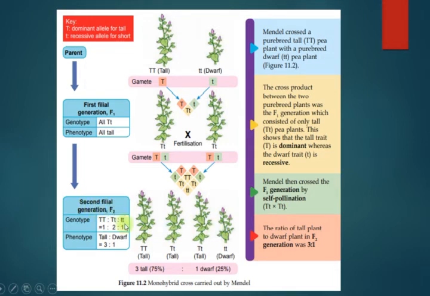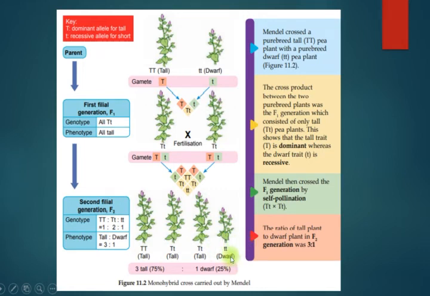Alright, so the ratio of tall plants to dwarf plants in the F2 generation was 3 to 1. This means that of the offspring produced, 3 are tall plants and 1 is a dwarf plant.